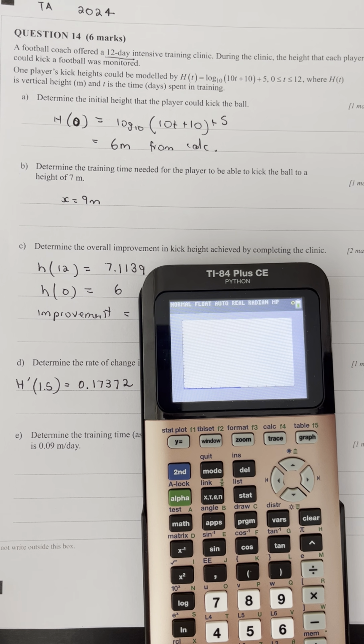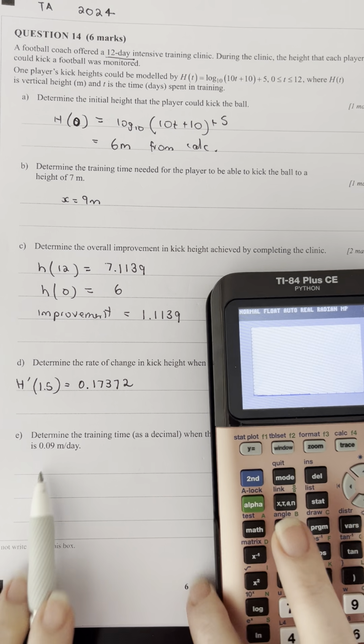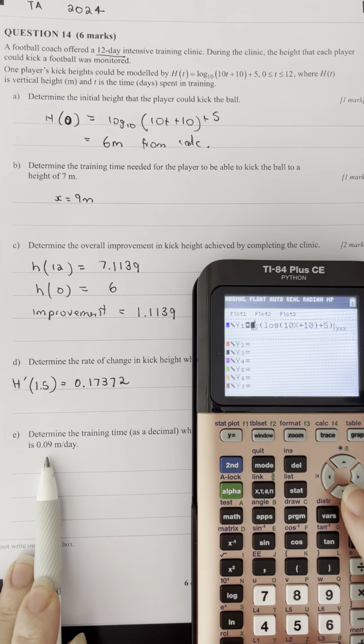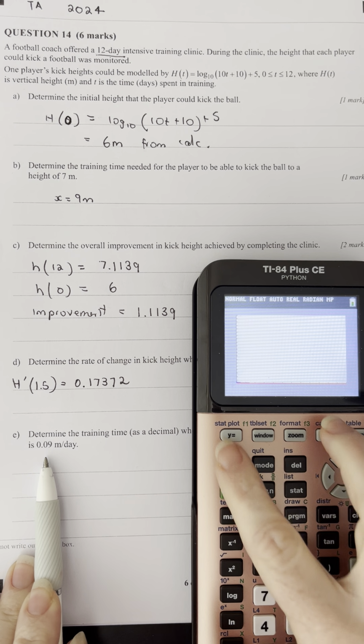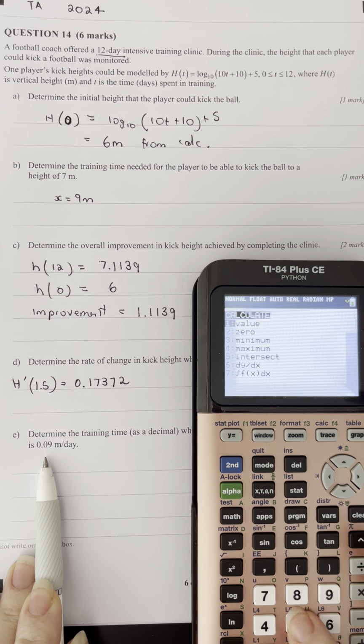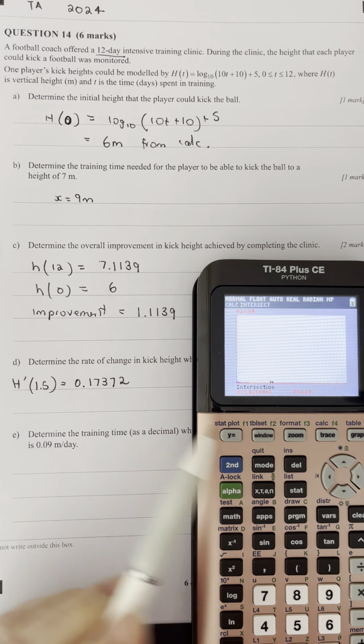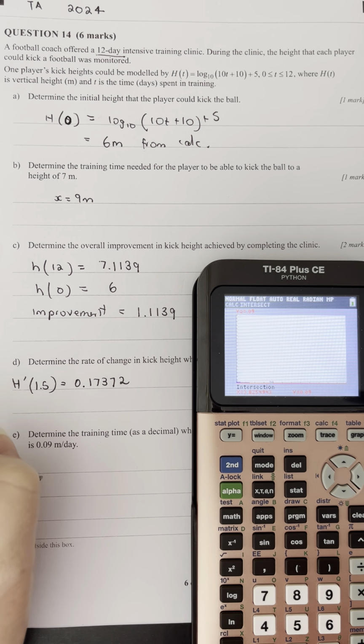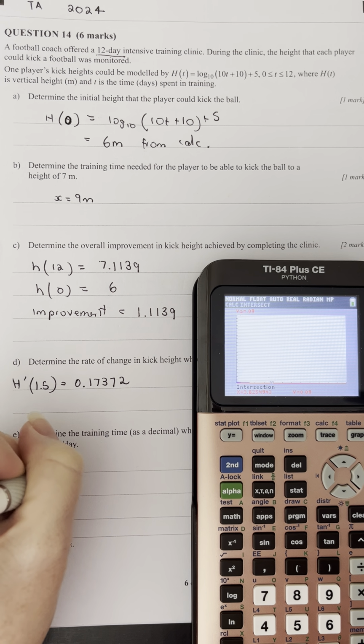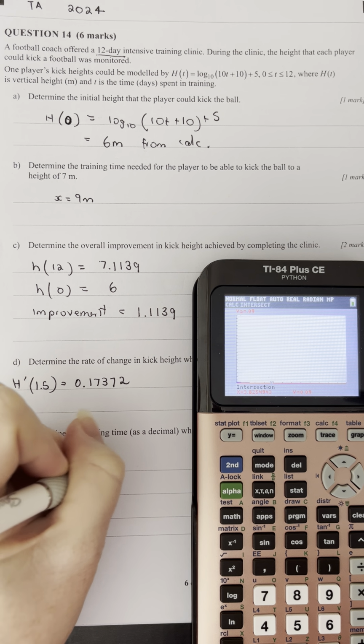I may need to change my window if I can't see that. I should be able to have enough on there, I think. We want to find when it's 0.09. So I'm going to now pop 0.09 in there, graph that, and then I should be able to find when those two lines intersect. I could change my window if I wanted to see that a little bit more clearly, but I can see on my calculator that that is going to be at x equals 3.82549.